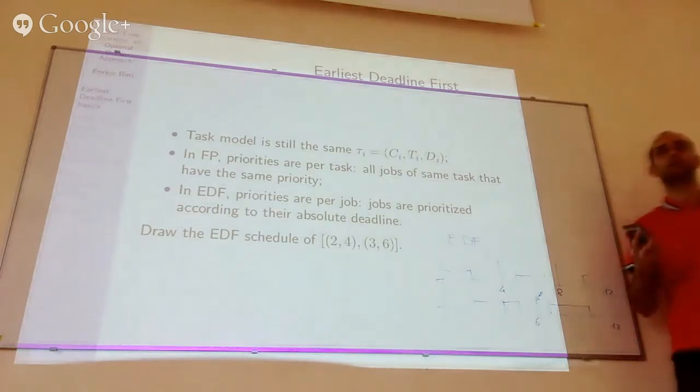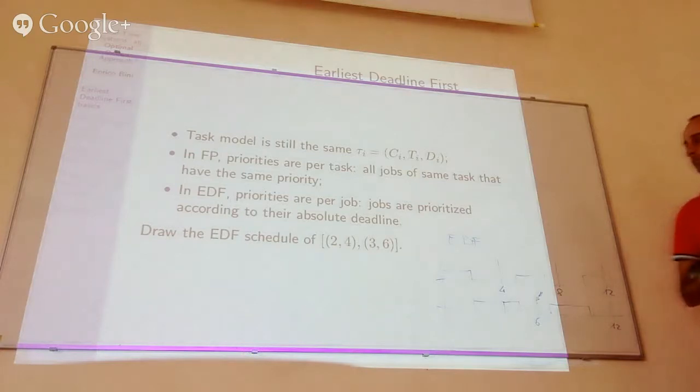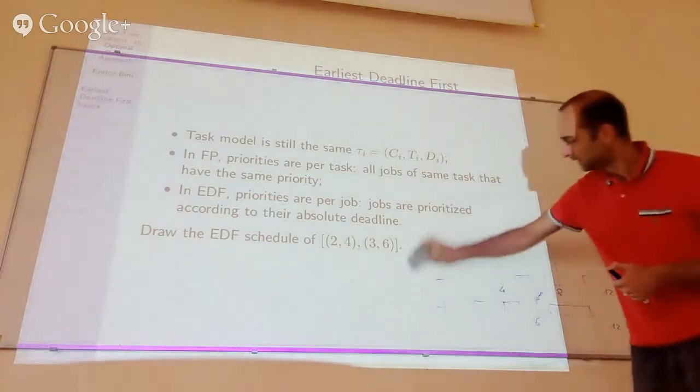If there is a deadline miss, there will be a deadline miss however you break the tie. If there is no deadline miss, there will be no deadline miss whichever way you break the tie. This is not truly multiprocessor, right? I think it's not, but I didn't think about that very carefully. Okay, and this is EDF.